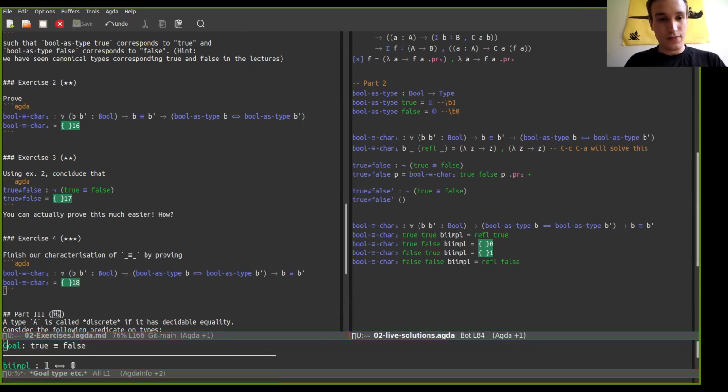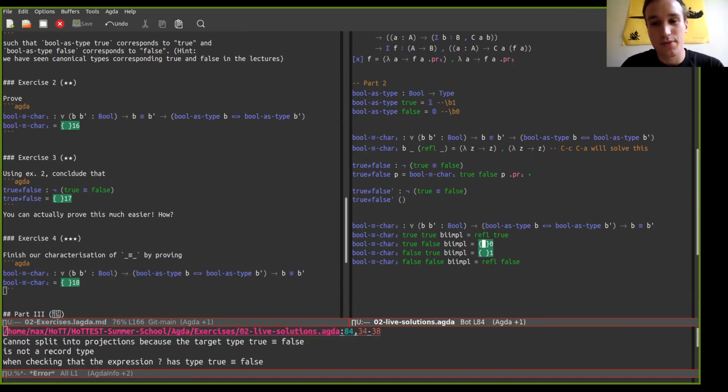And now the tricky part. True not equal false. Someone in the chat suggested the 0 elim. We can do that using this result, right? No, wait, sorry, what am I doing?